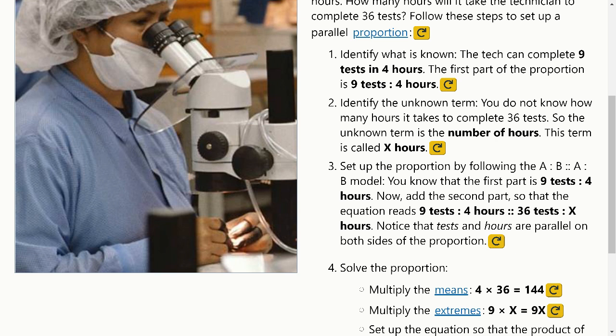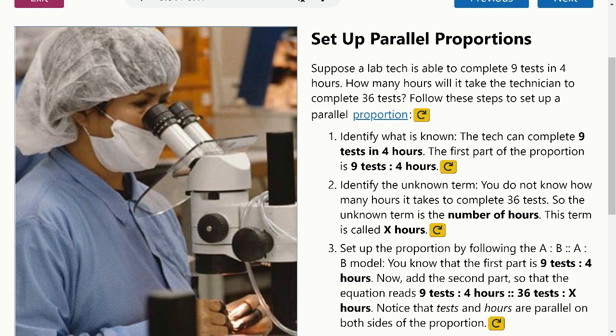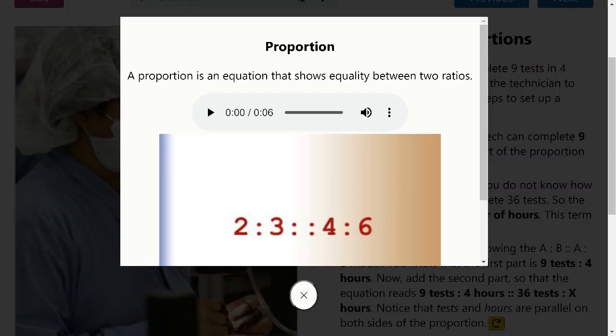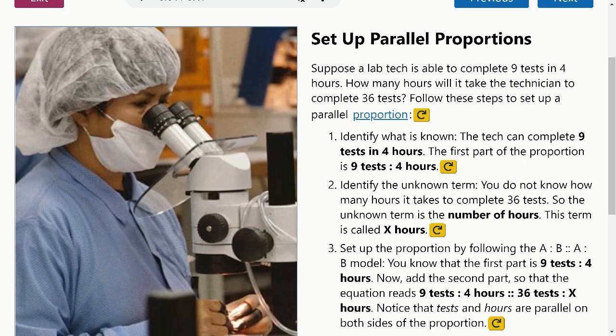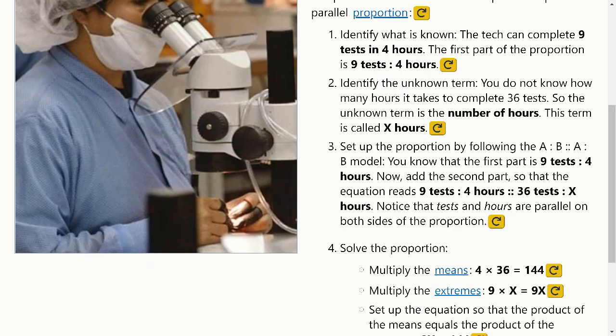Now we're going to add the second part so that the equation reads 9 tests to 4 hours to 36 tests to X hours. Because X is what we're trying to figure out. We know it takes 4 hours to do 9 tests, and we want to know how many hours it'll take to complete 36 tests. So X is going to be our hours.